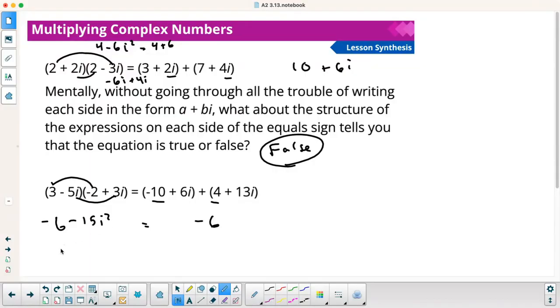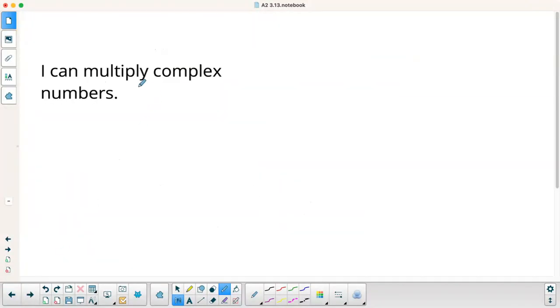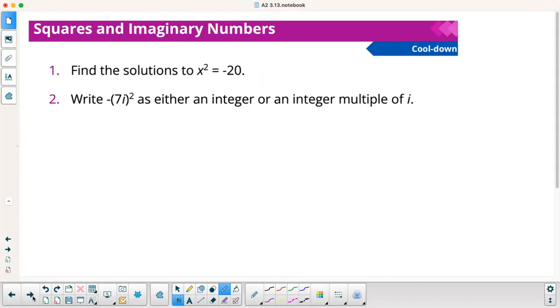So this is going to be negative 15 times negative 1, which gives me 9. I can see right away that they're not equal, so I would say that's false also. And I didn't have to multiply the whole thing out. All right, so I can multiply complex numbers. You can use a box or you can use the FOIL method, whichever you prefer.